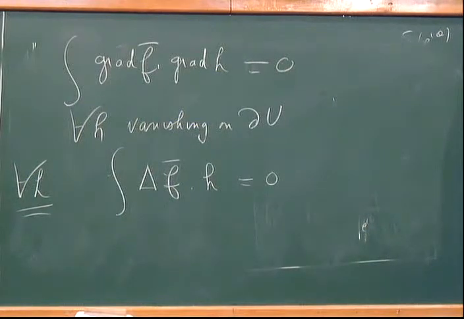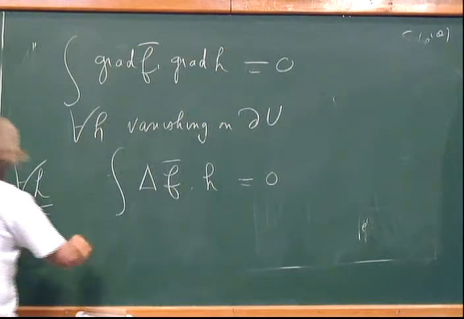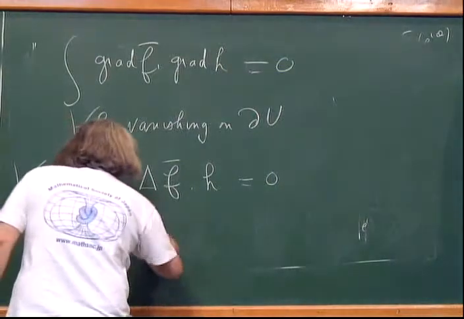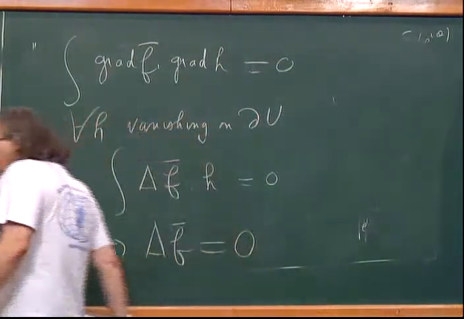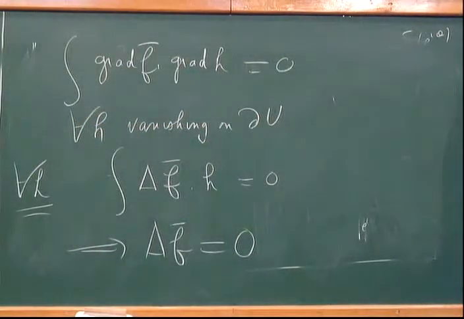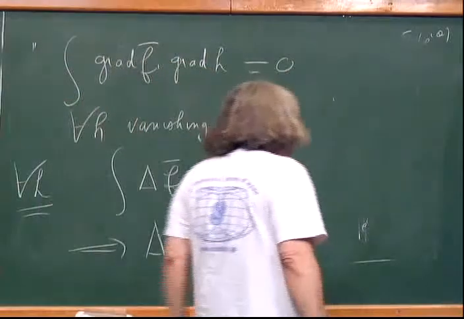And the fact that this integral is vanishing implies indeed that the Laplacian of f bar is 0. So Riemann was right when he said that the minimum of this functional, if it exists, is indeed a solution of the Dirichlet problem, but he was not right in saying that it was obvious that there is a minimum.